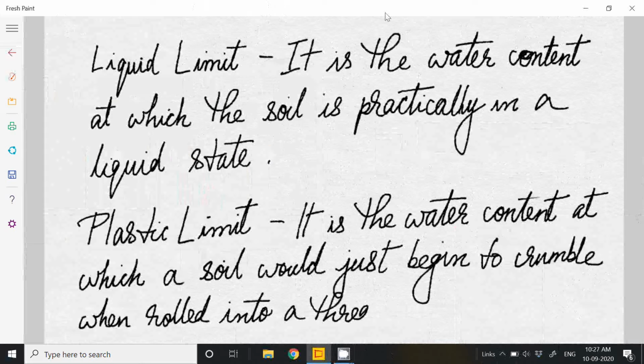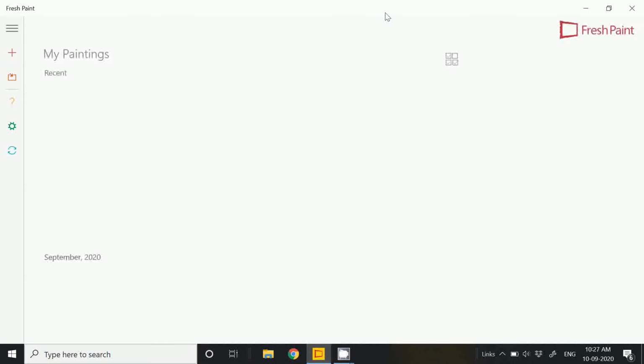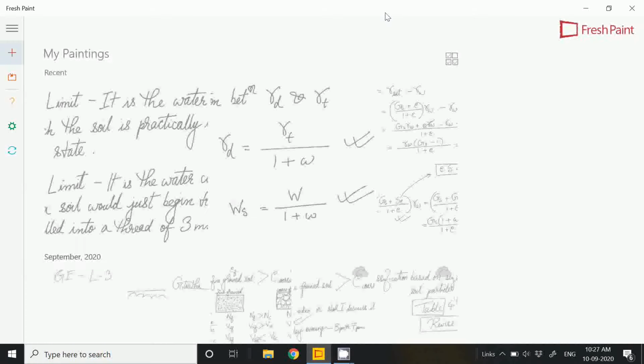Then there was another, which is the shrinkage limit. But I recommend you to please go through the notes that you have already made before regarding the liquid limit, plastic limit, shrinkage limit.